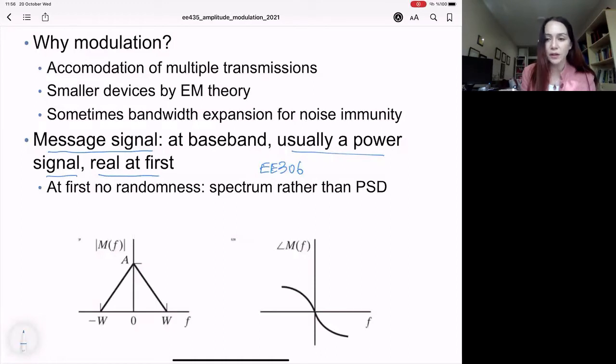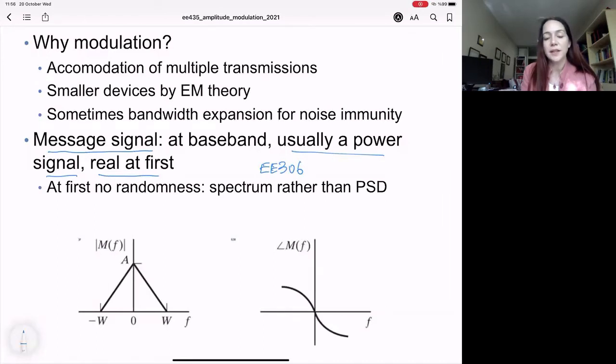As you know very well, when we have a random waveform or a stochastic process, we often characterize it with its spectral properties.